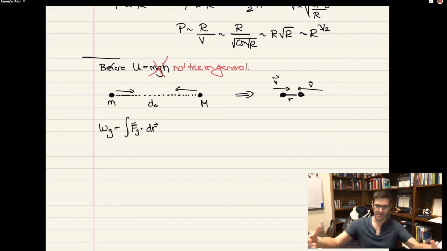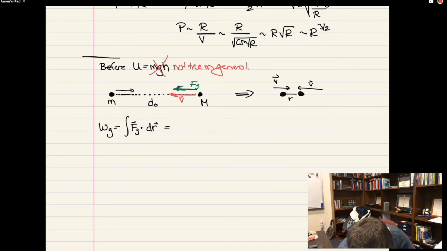If everything is set up in a nice horizontal line, then everything is going to move in a straight line as a result. So if I go back up to this drawing, it feels a gravitational force that's pulling it towards the left, and then it, as a result, starts moving towards the left. So the force of gravity and the direction of displacement are parallel to one another.